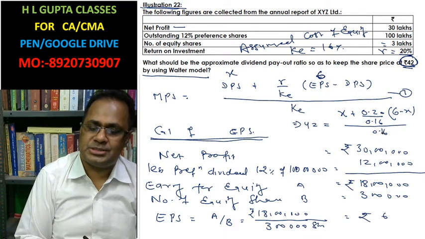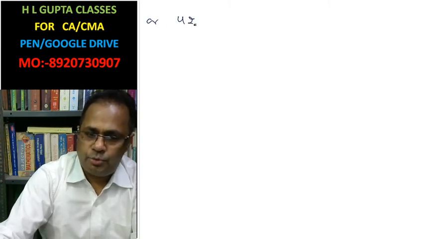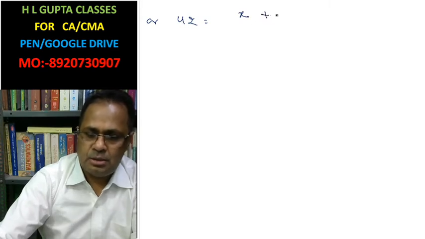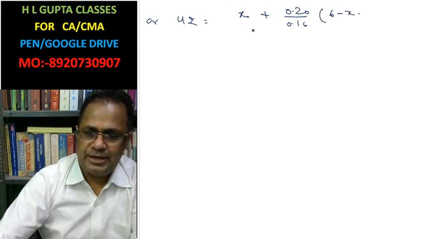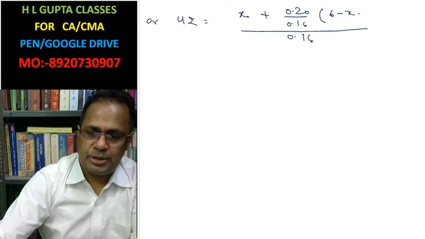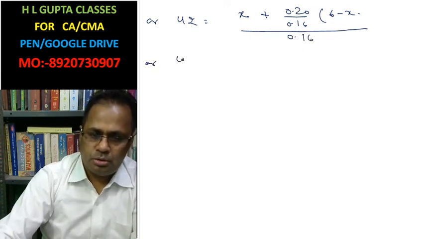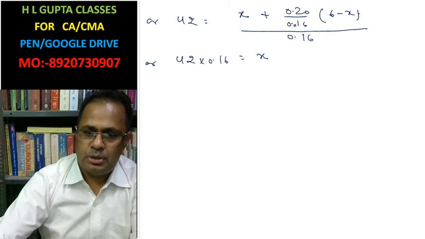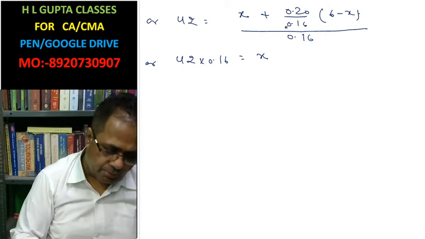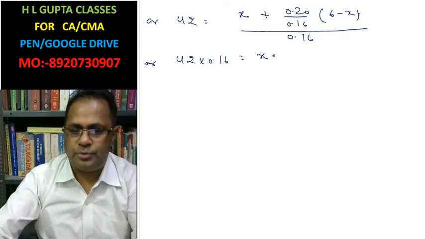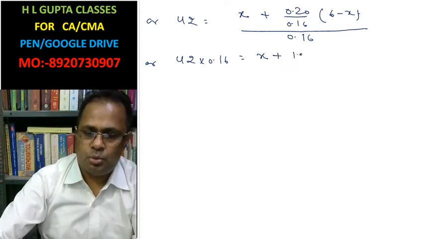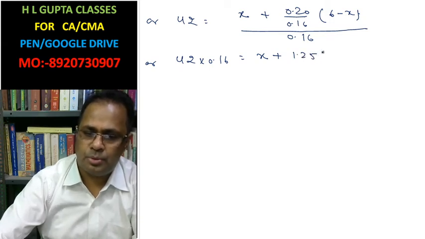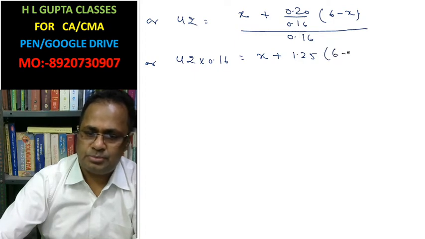Now we have to solve this equation. 42 equals X plus 0.20 divided by 0.16 times 6 minus X. 0.20 divided by 0.16 is 1.25, so 1.25 times 6 minus X.